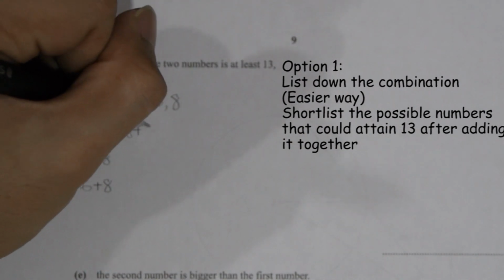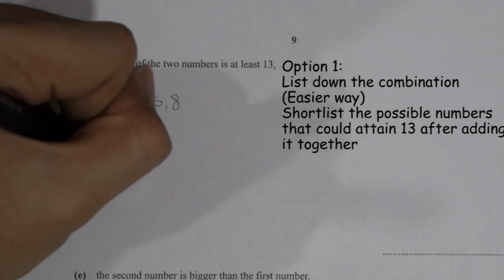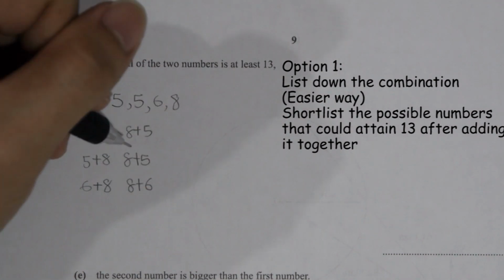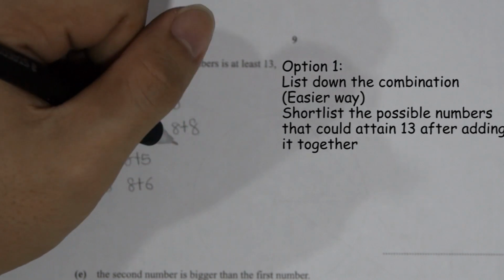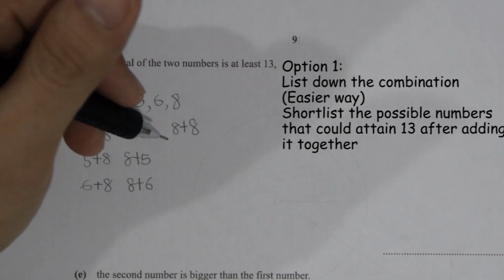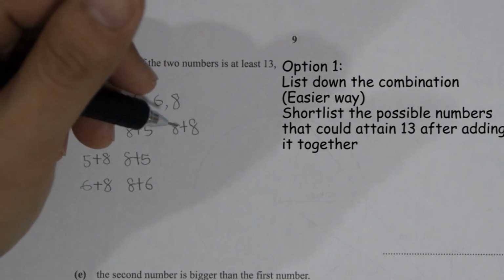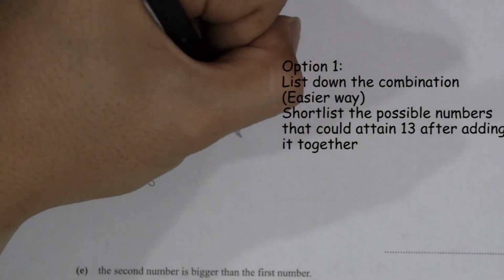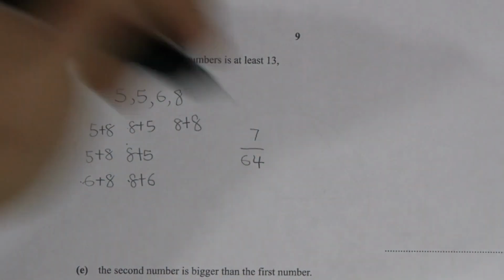So I write down some of the possibilities at the side here, which is 5 plus 8, 8 plus 5, 6 plus 8, 8 plus 6, and lastly 8 plus 8. So in total it will be 7.